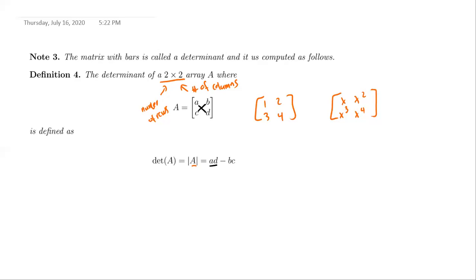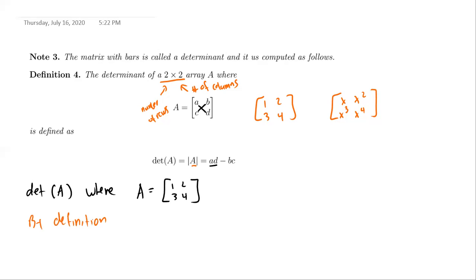So, for example, let's calculate the determinant of A, where A is the matrix 1, 2, 3, 4. So by definition, the determinant of A, which you can also denote as the matrix but replace the square brackets with vertical lines.